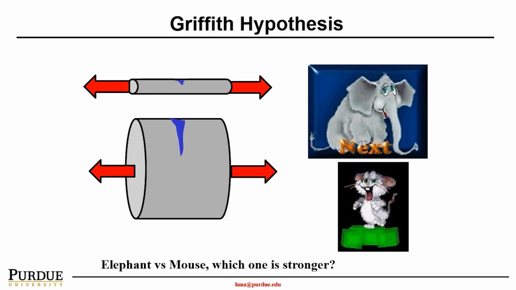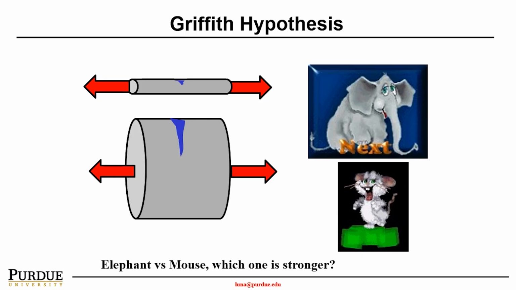Let's begin to discuss the physics of fracture mechanics by discussing the Griffith hypothesis. Griffith was asking this question: why does the same material at a smaller size typically appear stronger than a bulk material?